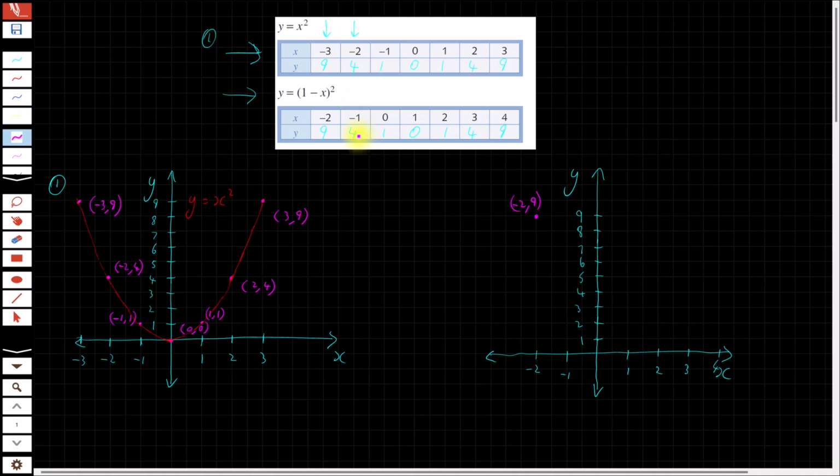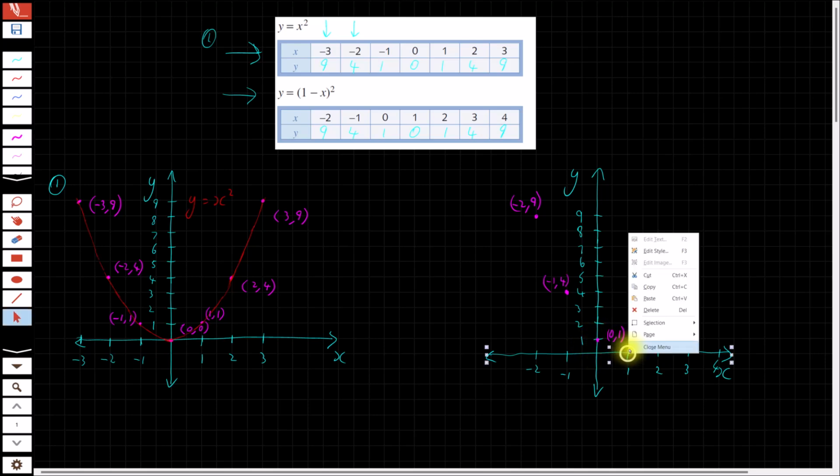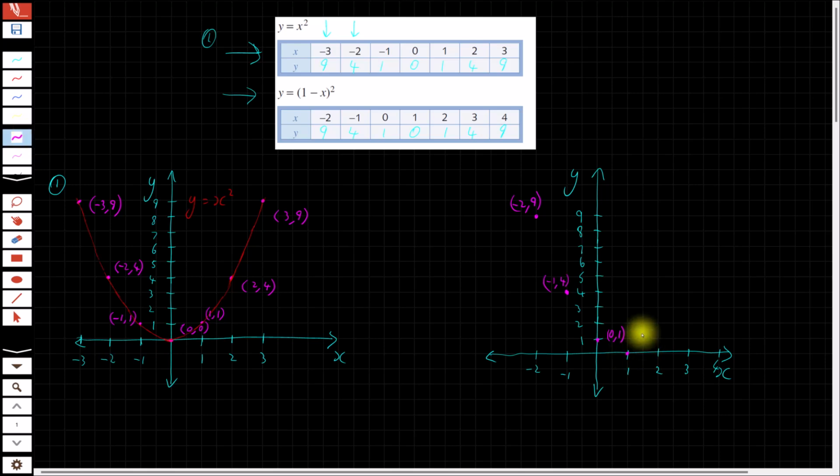X equals negative 1, y equals 4. 0 and 1. 1 and 0 on the y-axis. 2 and 1. 3 and up to 4. And 4 and all the way up to 9.